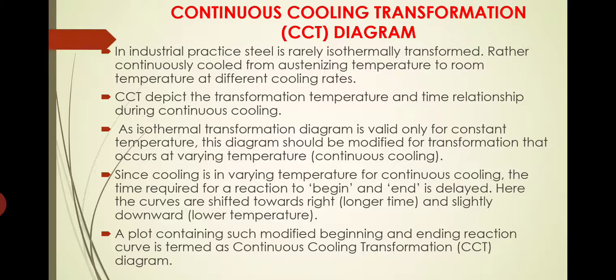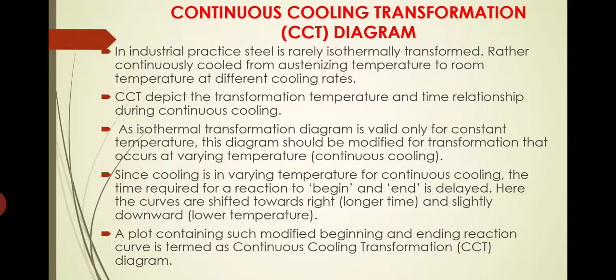As the isothermal transformation diagram is valid only for constant temperature, it should be modified for transformations that occur at varying temperature. That's why this diagram is introduced. Varying temperature means continuous cooling. Since cooling is at varying temperature in continuous cooling, the time required for a reaction to begin and end is delayed.